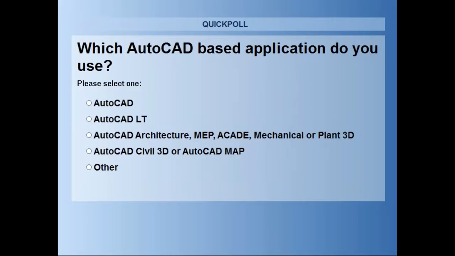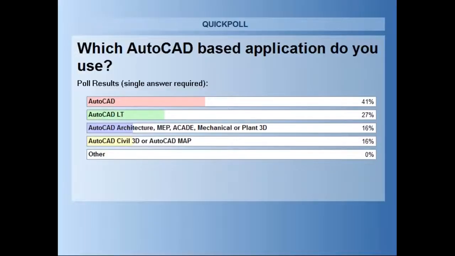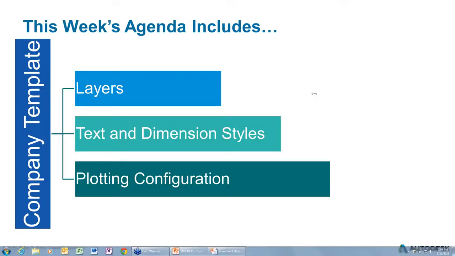So about 41% AutoCAD, 27% LT, and 16% using one of the other verticals, so architectural, MEP, etc. With this, we'll pass it over to Nauman and let him start the presentation.